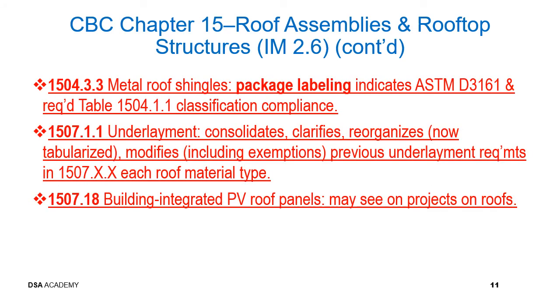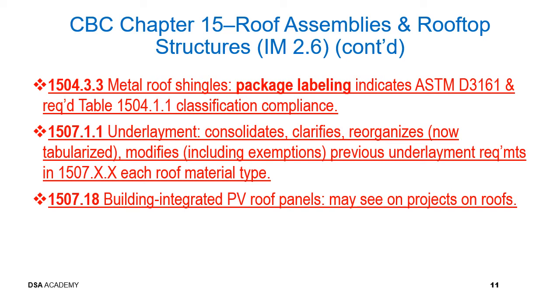In CBC Section 1504.3.3, it is noted that metal shingle packaging shall bear a label indicate compliance with ASTM D3161 and the required classification in Table 1504.1.1. Section 1507.1.1 Underlayment.